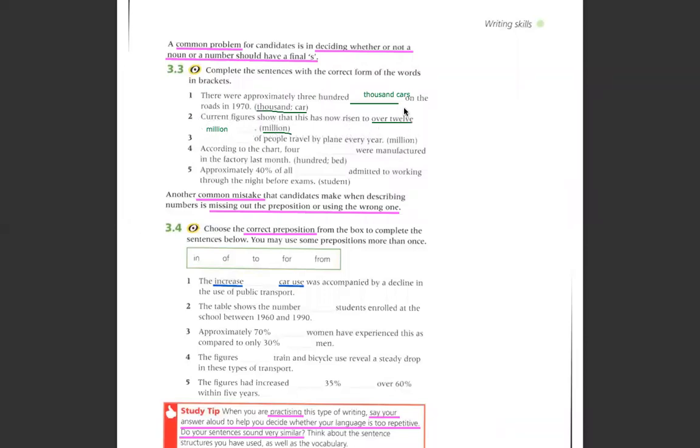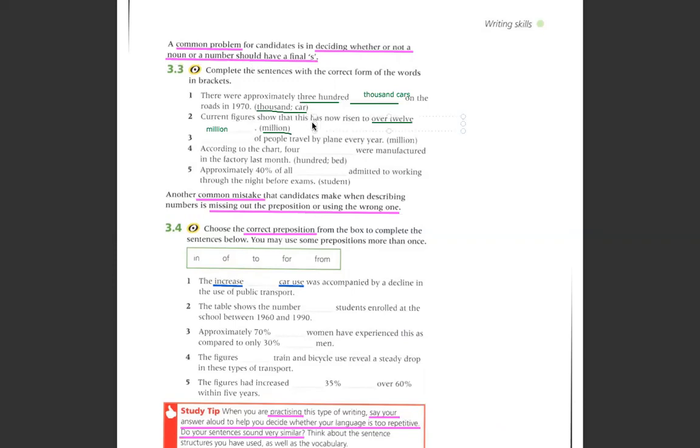Even though this is a plural, I mean, this is more than one, 12, we don't use the word millions here, okay? So if there's a number before the word million or thousand, have a look at this one. It says 300, but we didn't say 300,000 cars, we said 300,000.